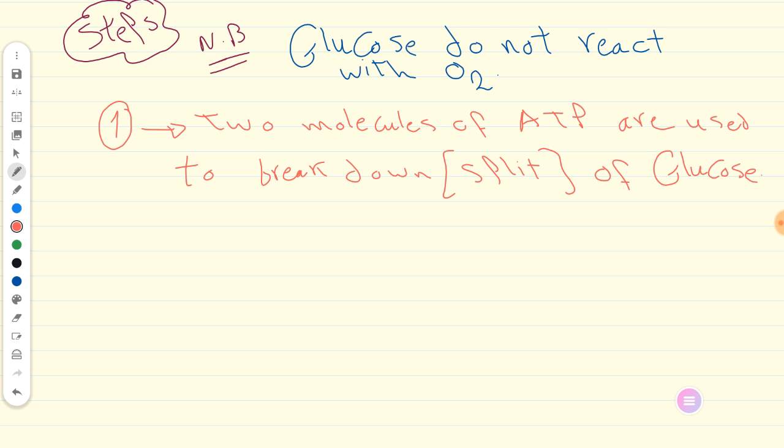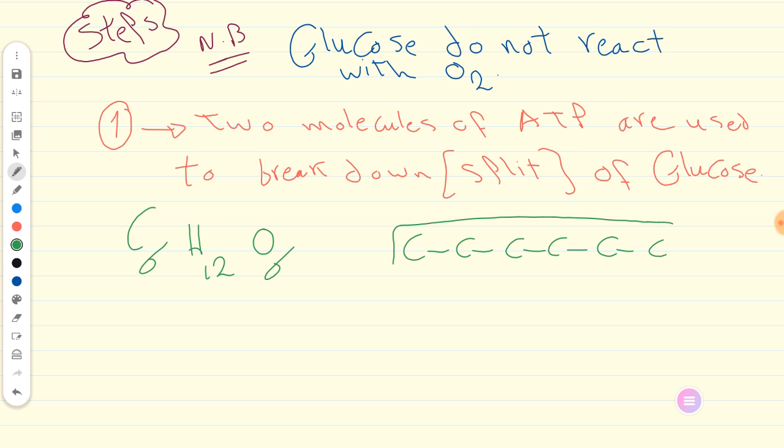We know that the glucose chemical formula is C6H12O6, which means glucose has 6 carbon atoms linked together: one, two, three, four, five, and six.